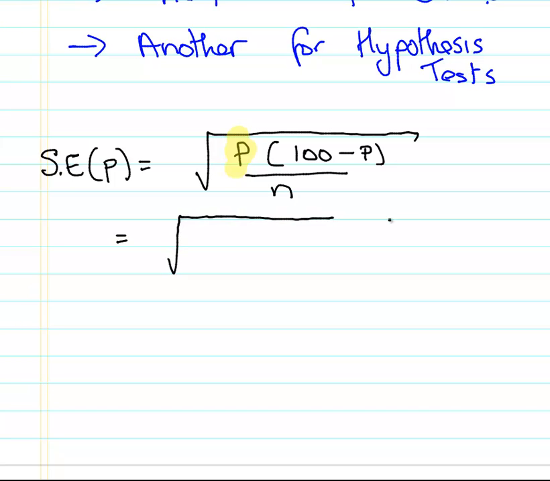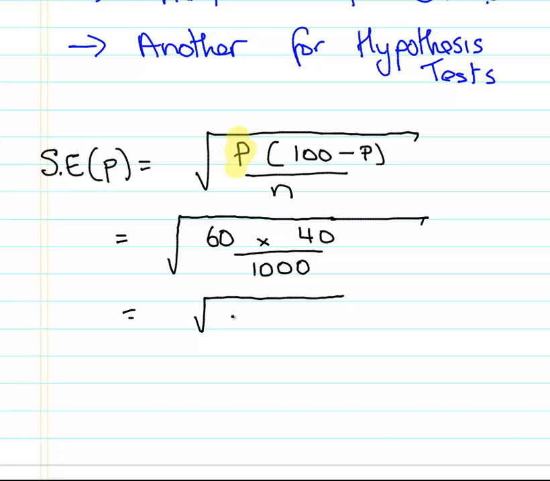So under our null hypothesis, we expect 60%, times 100 minus 60, which is 40, all over 1000. There we are. This is just a little bit of number crunching now. 2400 divided by 1000.